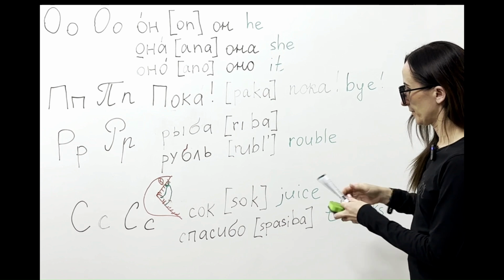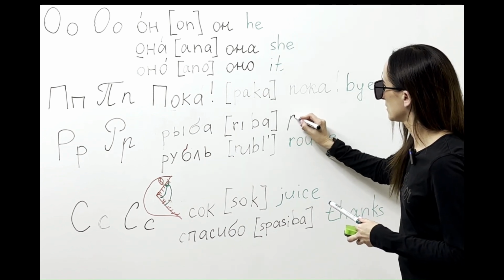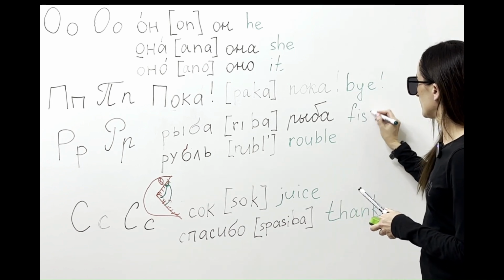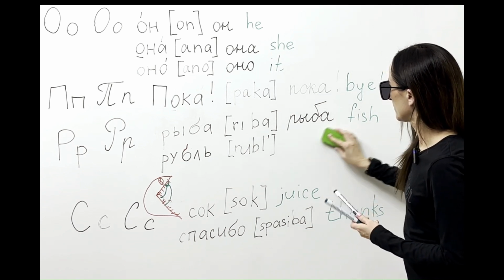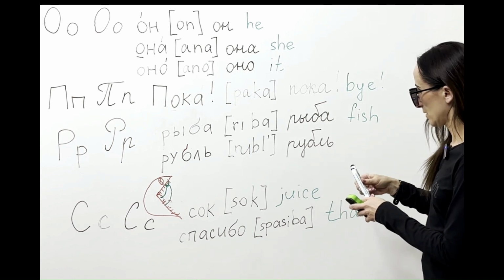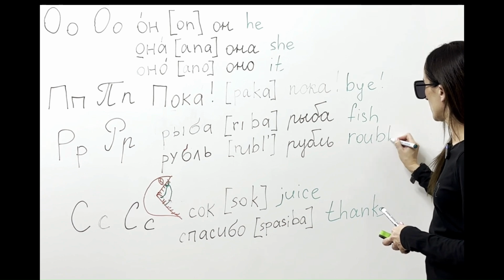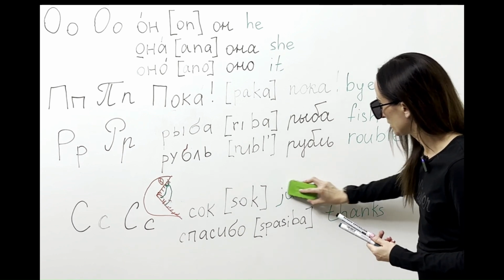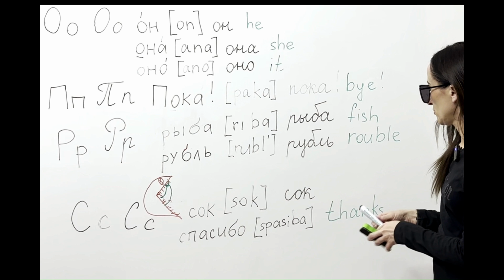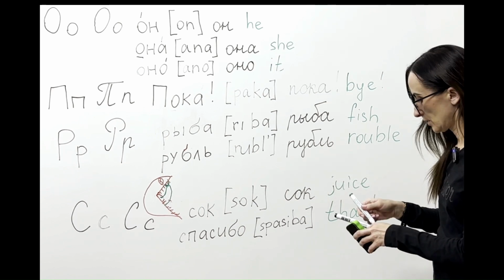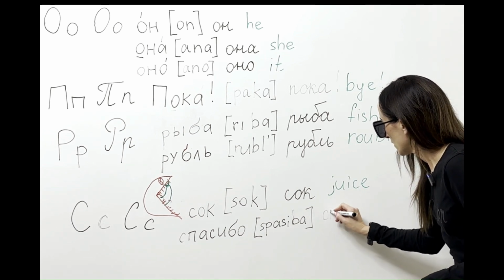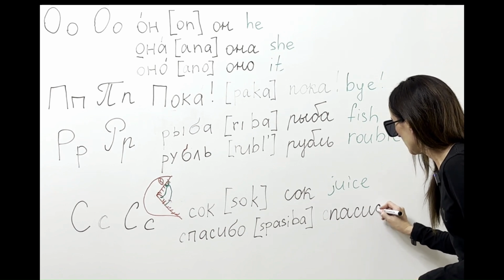Рыба. Fish. Рубль. Ruble. Сок. Juice. And спасибо.